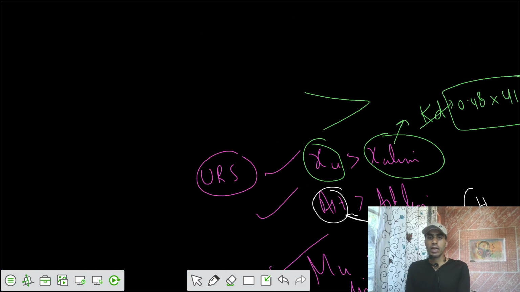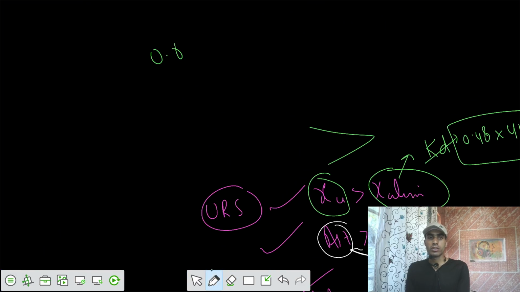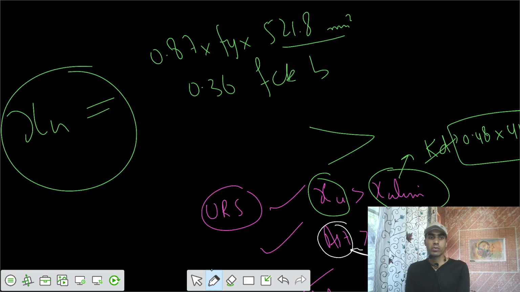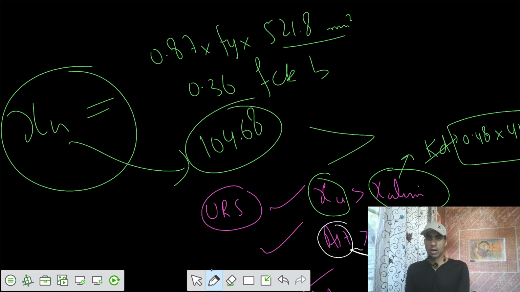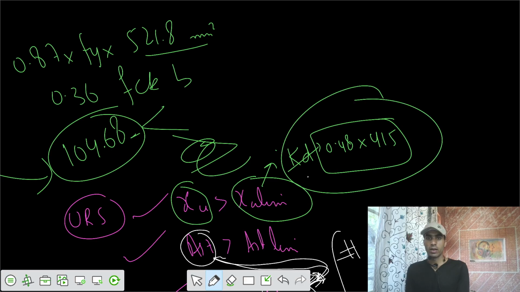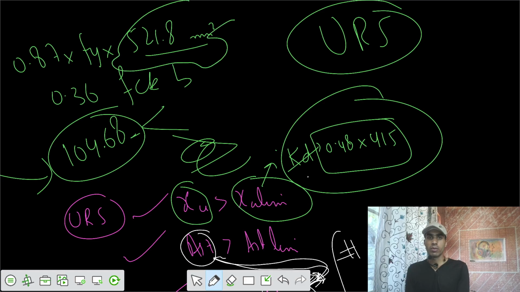So I can equate C equals T: 0.87 Fy into 521.8 millimeters square equals 0.36 FCK and B into Xu actual. If you solve that, Xu comes out to be 104.68. Comparing with the limiting value, this value is lesser, so that's also an under-reinforced section. So finally, you can take the final value of steel required as 521.8.